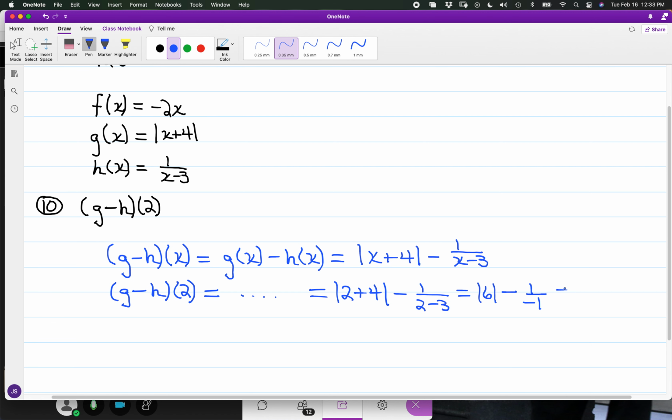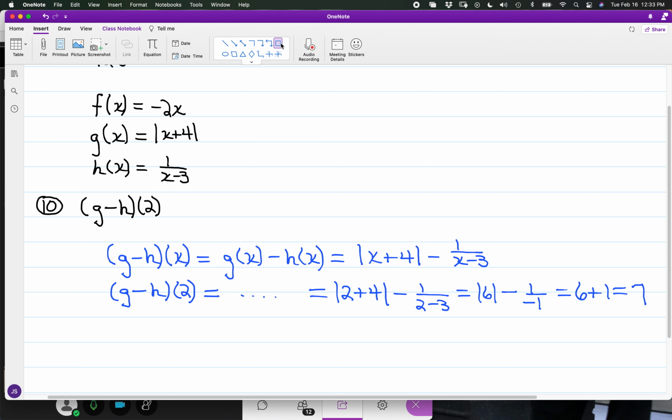And for the absolute value of 6, this comes out to positive 6. Subtract negative 1, and this is going to translate out to 6 plus 1. So for the output here, we come out to 7.